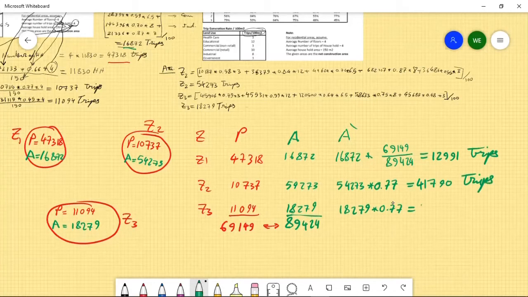And this one is 14,075 trips. Let's check what's the summation. 68,856. Okay.